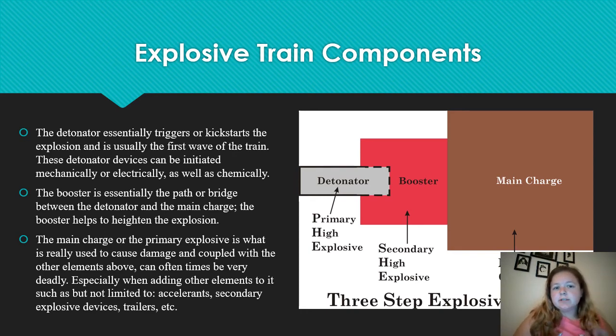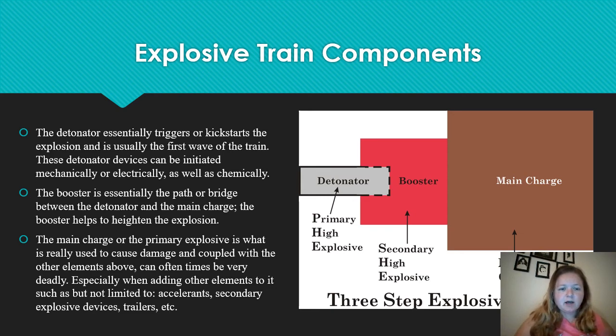The detonator is essentially the trigger. It kickstarts the explosion and is usually the first wave of the train. These can be initiated mechanically, electronically, or chemically, although chemically is a little more rare. The booster is essentially the bridge between the detonator and the main charge.